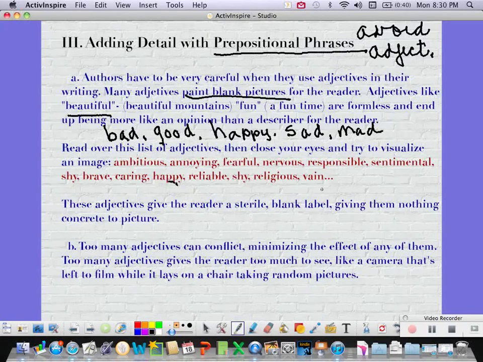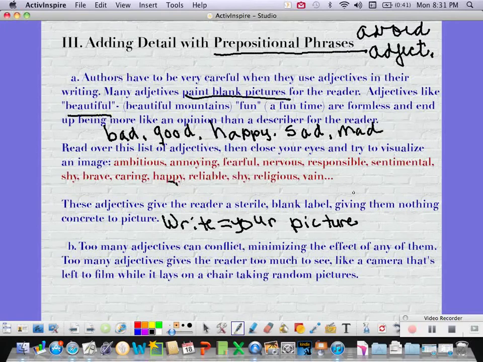They give the reader absolutely nothing concrete to see. And as a writer, you do not want the reader putting their own picture in. You want them to see your picture, not whatever they want. So if you're talking about someone who is angry, you want them to picture what you see as angry, not what they understand as angry.